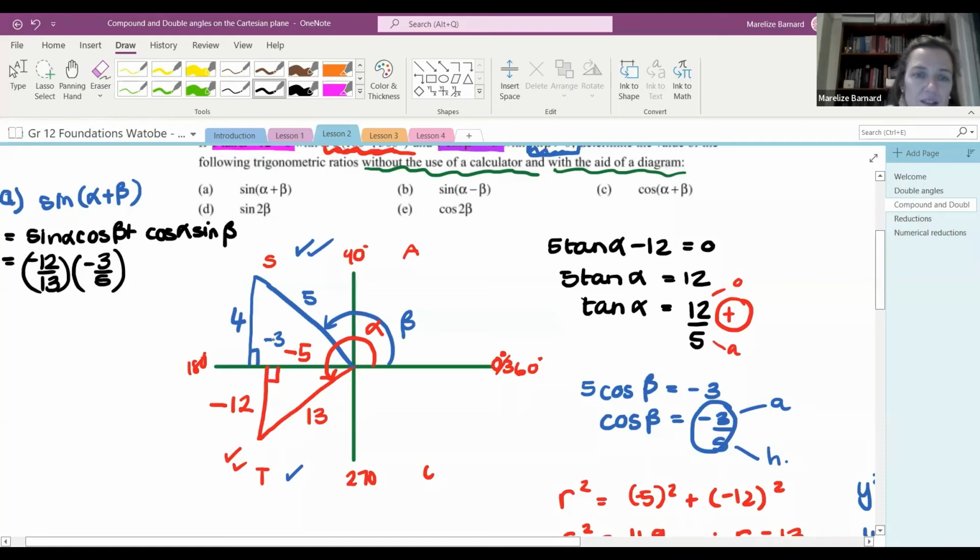The blue side is minus 3 and 5. You could, by the way, have drawn this on two separate axes. That will work as well. Then cos of alpha is minus 5 over 13. And then sine of beta is opposite over hypotenuse, which is 4 over 5.